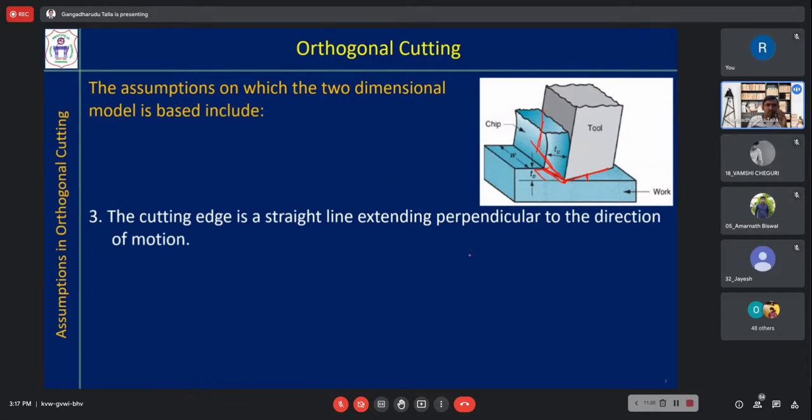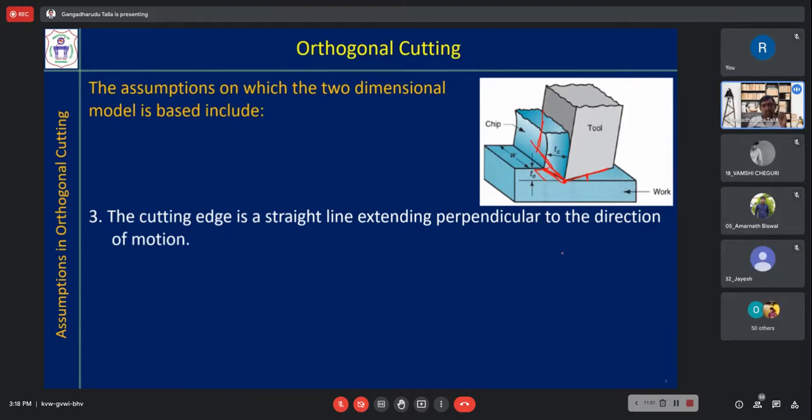Of course, in reality, there will not be any single fine shear plane. In reality, there will be some volume of the material which will be moving, not a single plane. But for simplicity, again, it is assumed as a plane because it will be very thin. Now, the cutting edge is a straight line extending perpendicular to the direction of motion.